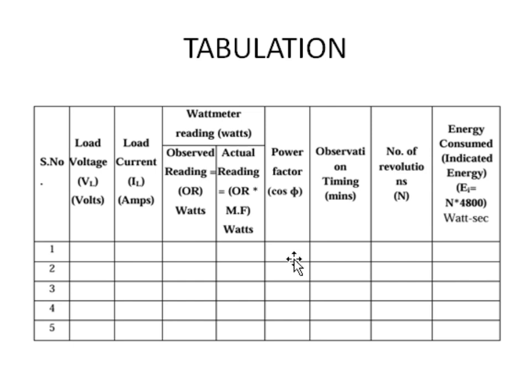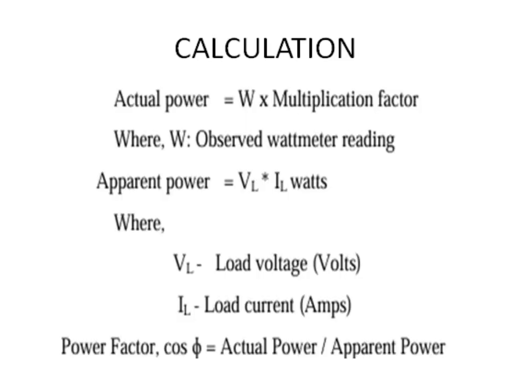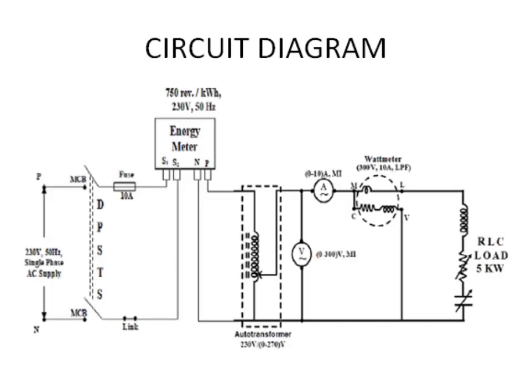If it is more than 1, your readings are wrong. All the power factor values will be less than 1. These are all the calculations and circuit explanations for this experiment. Okay, thank you.